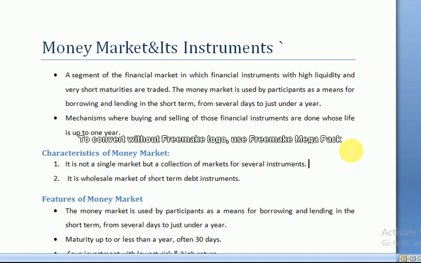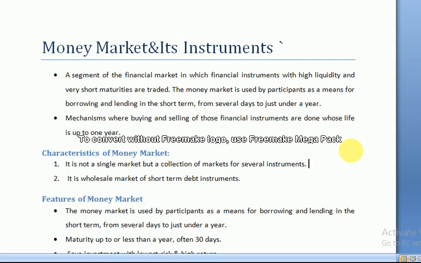There are still 2 months left until maturity. So I can easily, without waste of time, sell this one in the secondary market. So all these instruments have high liquidity. Hope you got this point.